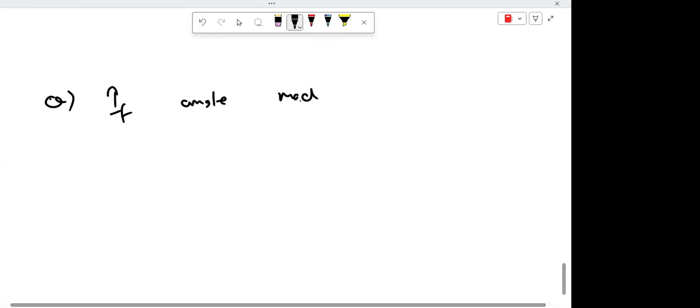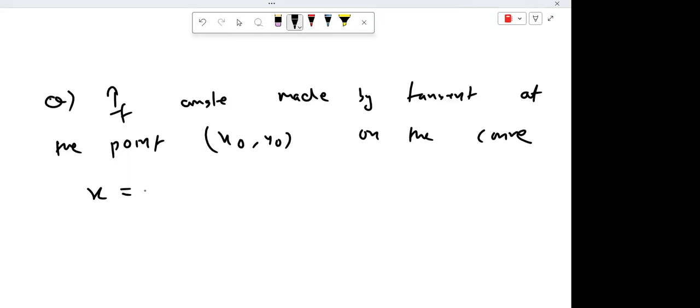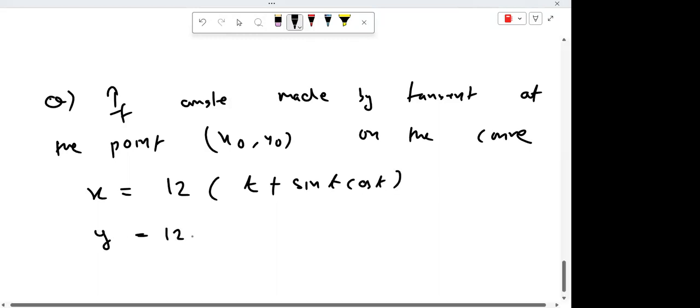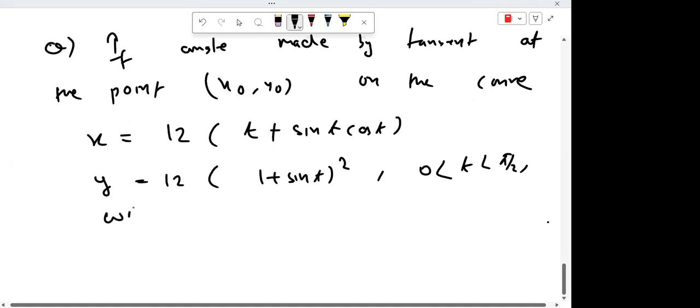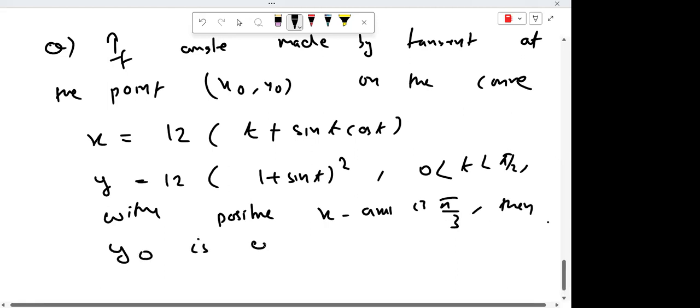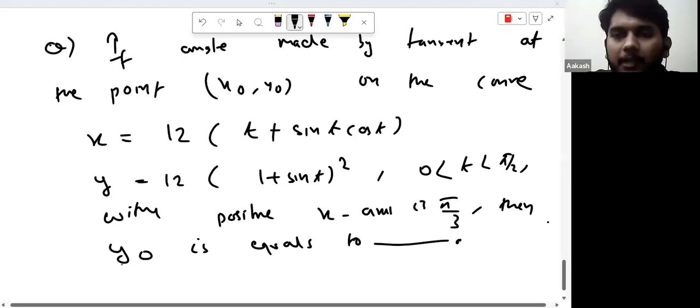If the angle made by the tangent at the point (x naught, y naught) on the curve x equals 12 times (t plus sin t cos t) and y equals 12 times (1 plus sin t) whole square, where 0 is less than t is less than pi by 2, with the positive x-axis is pi by 3, then y naught is equal to dash.